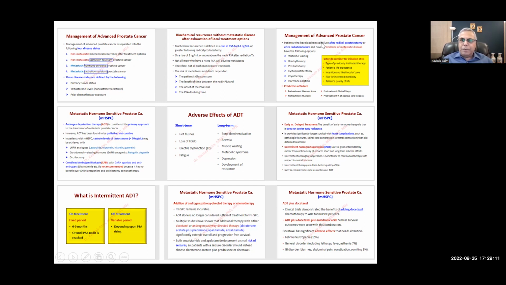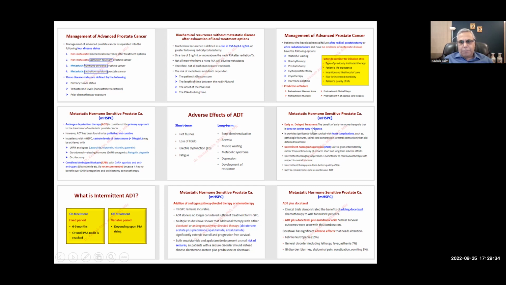Okay, management of advanced prostate cancer. We have got different treatment modalities, including watchful waiting and others. Then we went to metastatic hormone sensitive cancers. Androgen deprivation therapy or orchiectomy, these are the options. I gave you the adverse effects of androgen deprivation therapy.